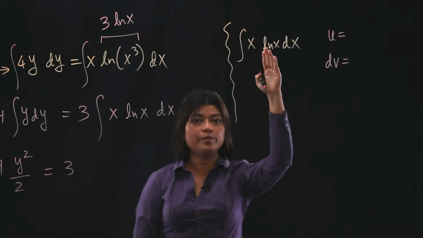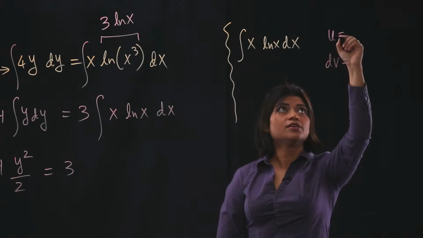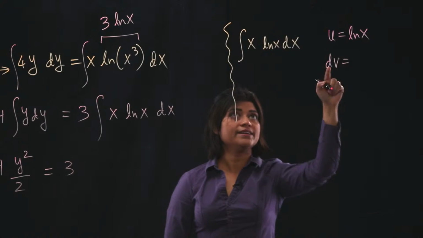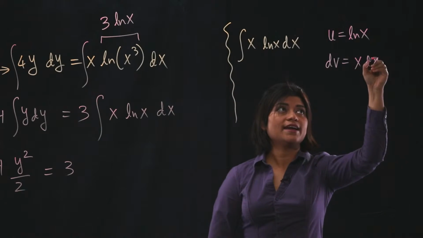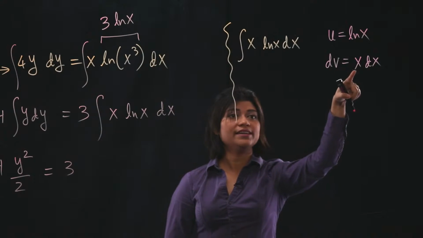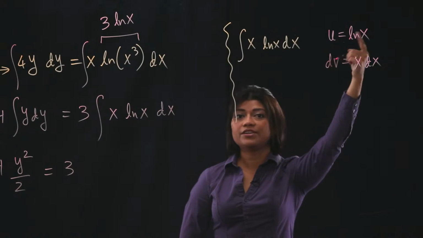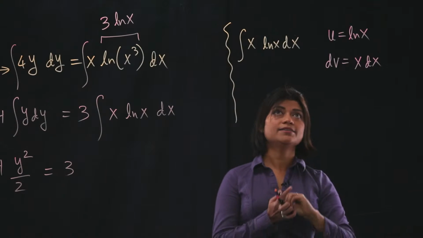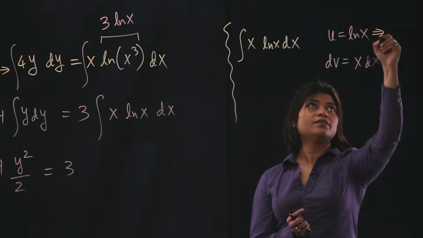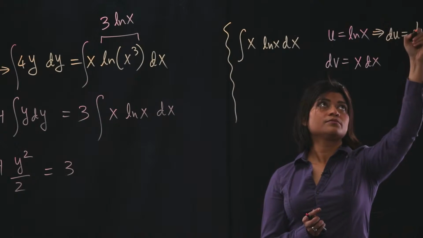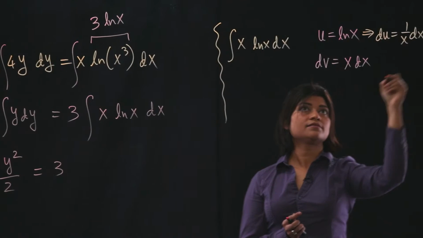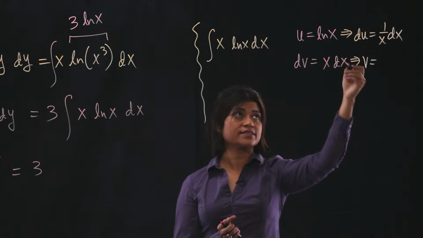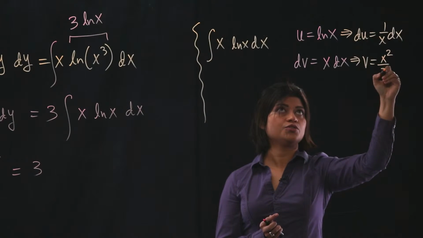Okay, so the best idea is to choose u to be natural log of x and dv to be x dx, because you can integrate x easily and you can differentiate natural log easily. So once we do that, from here calculate du, that is 1 over x dx, and v is integral of x dx, so x squared over 2.